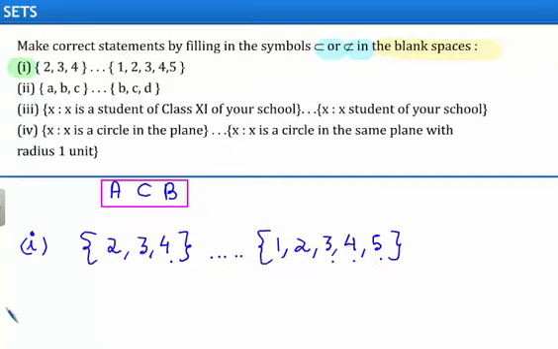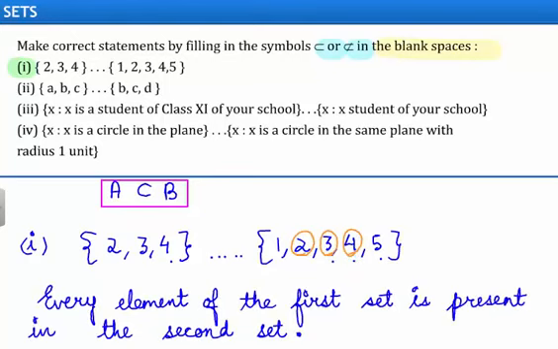Now you can observe that all the elements of the first set, that is 2, 3 and 4, are also present in the second set. So every element of the first set is present in the second set. Hence we can say that the first set is a subset of the second set, and we fill this blank with this symbol. So this completes the first part.